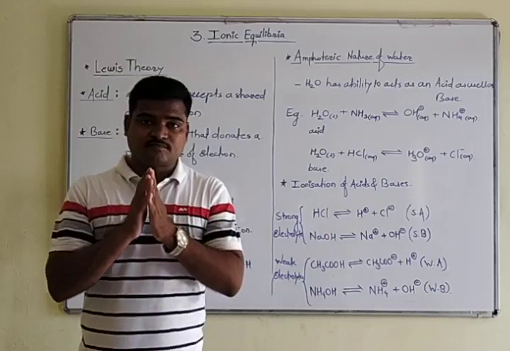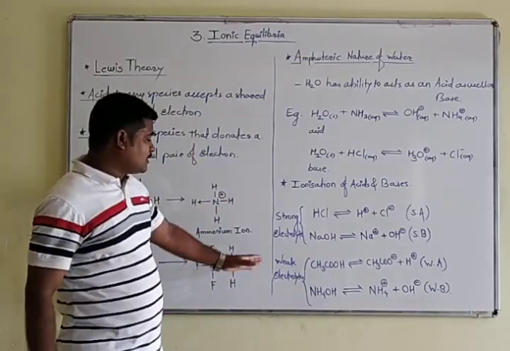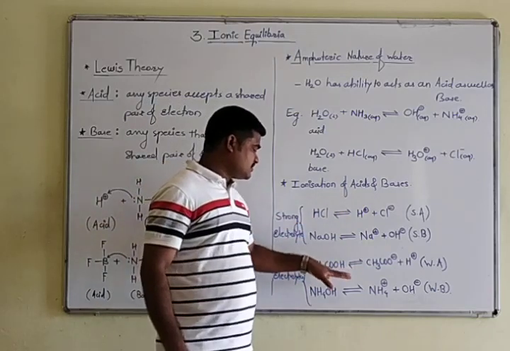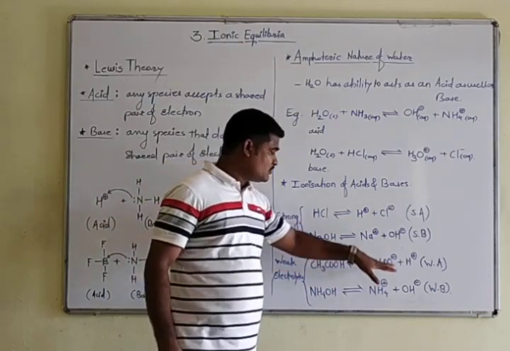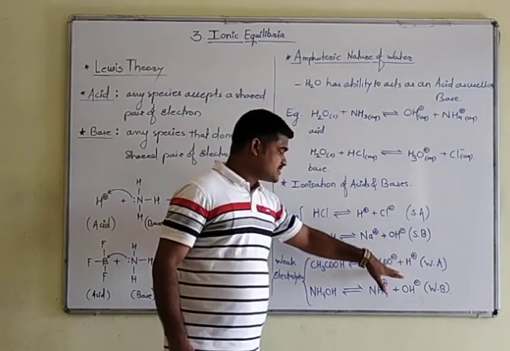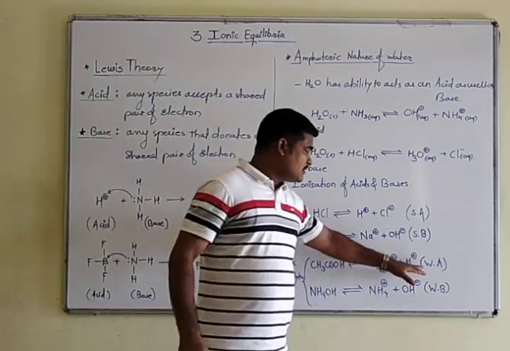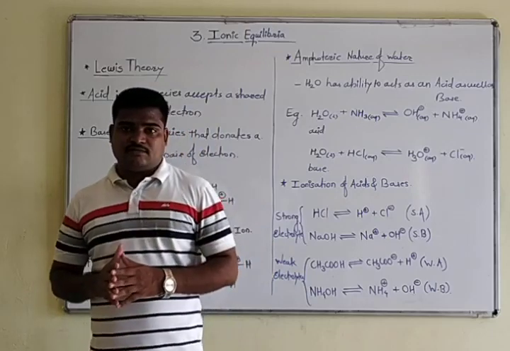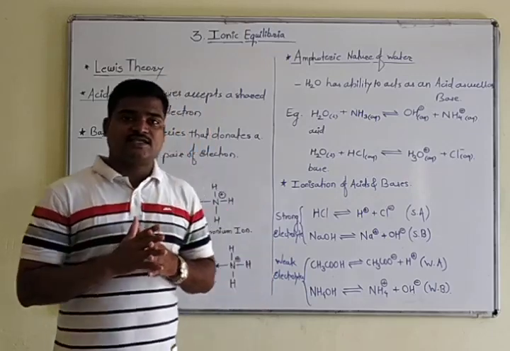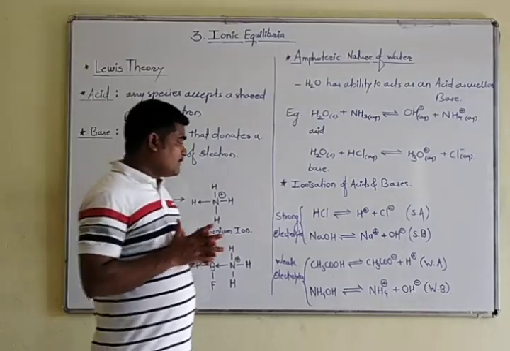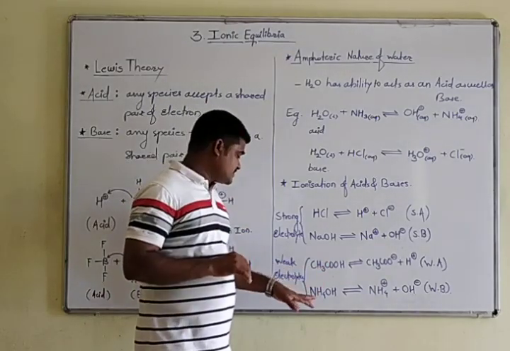And for weak electrolytes, we have ionized this weak acid into CH3COO minus, that is the acetate ion, and H plus ion. This is the case for a weak acid: it does not dissociate completely, but ionization does take place.